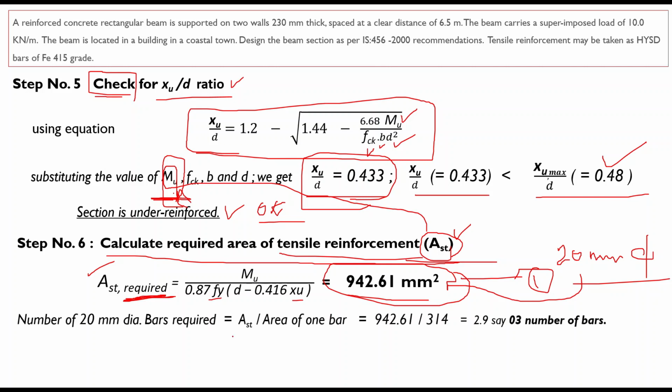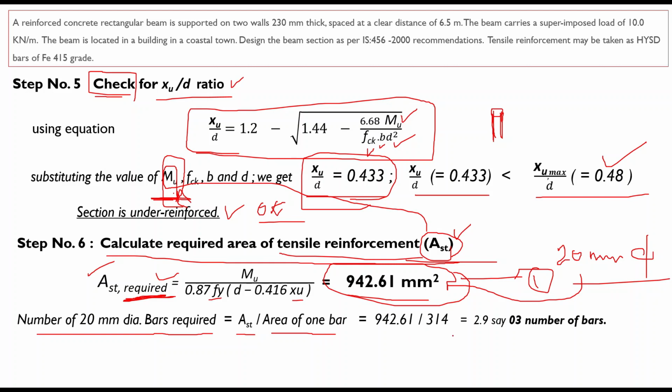Based on this, to find how many 20 dia bars are required, you can divide the area of steel required, Ast required, by the area of one bar. Area of one bar means the cross-section area of one bar, and you are aware that the bar cross section is just like a circle.